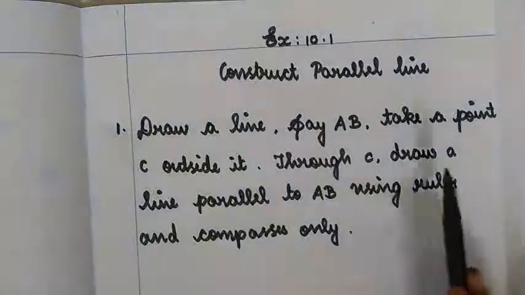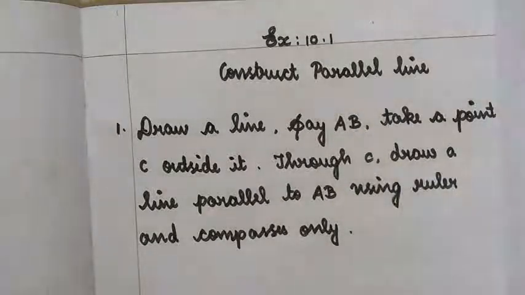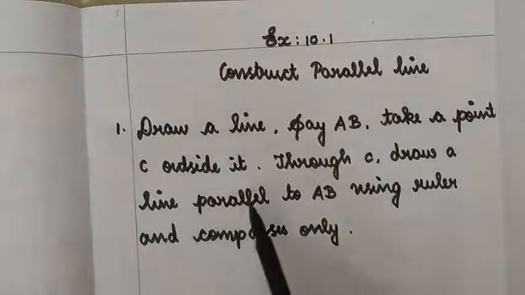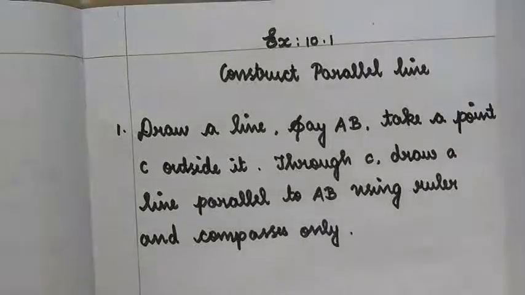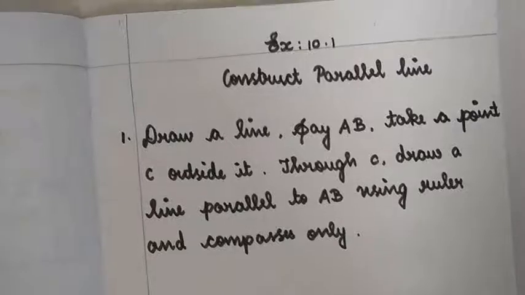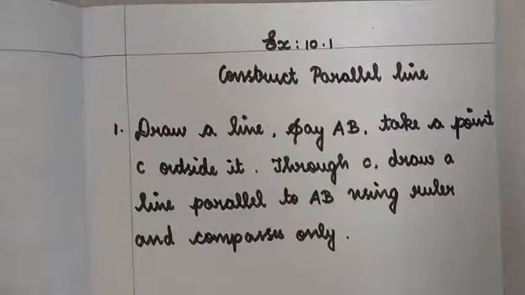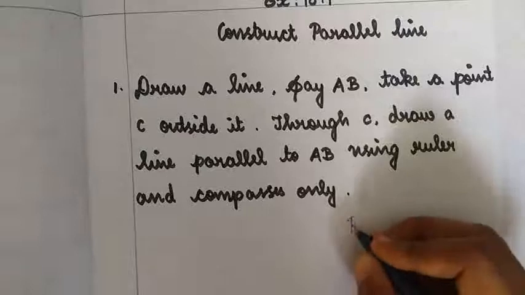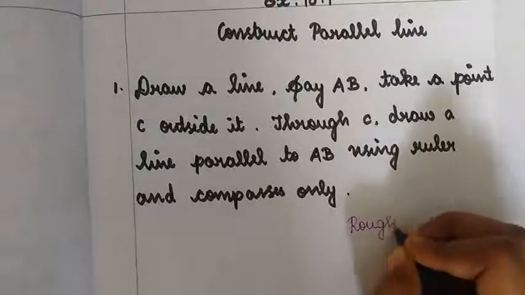Draw a line, say AB. Okay, first we have to draw a line segment AB, then take a point C outside it. First we have to draw a rough diagram.